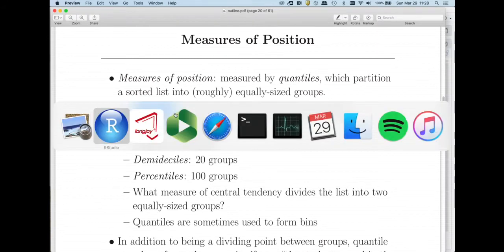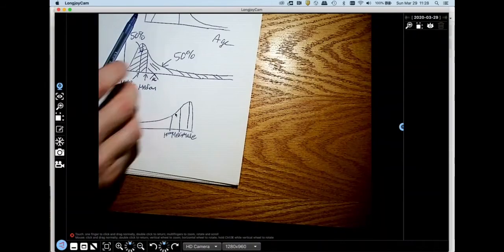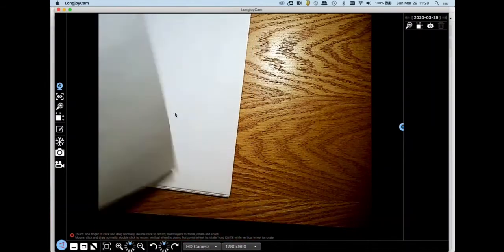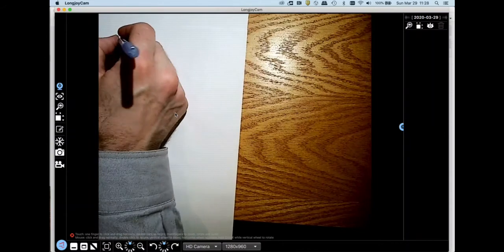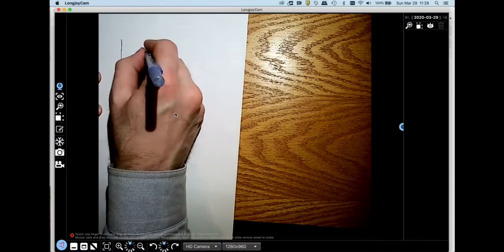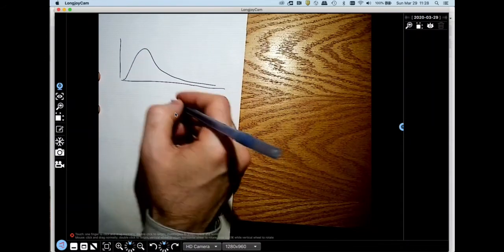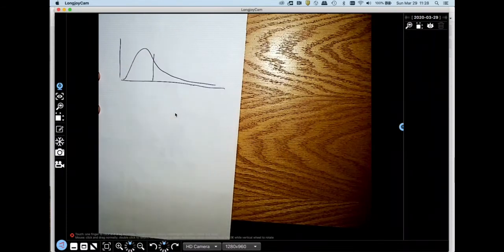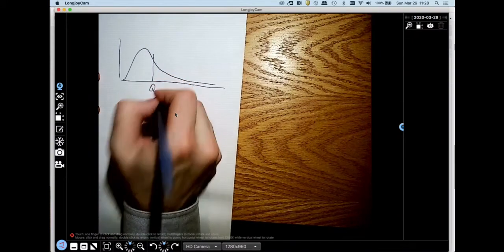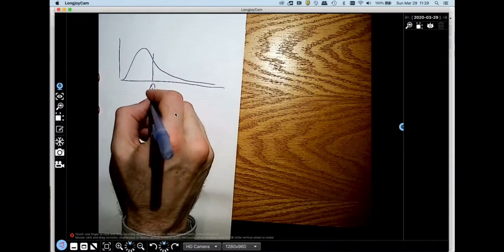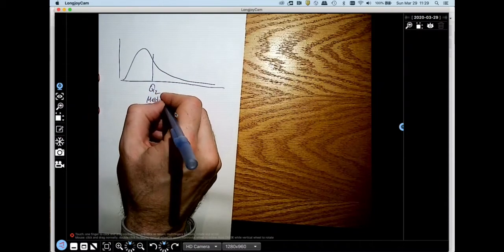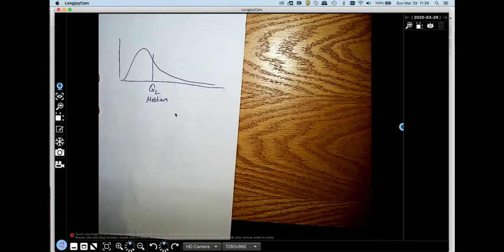So let's just go look at this on my document camera for a second. If I had a distribution like this, this would be my median. The median, I'm now going to call Q2. And that puts it into 2 equal sized parts.